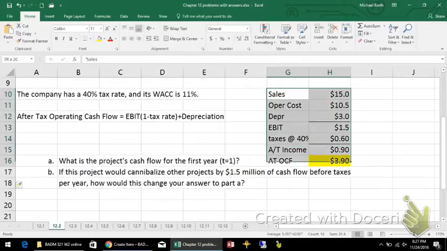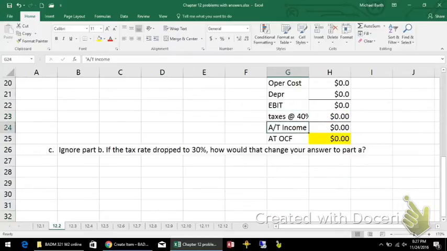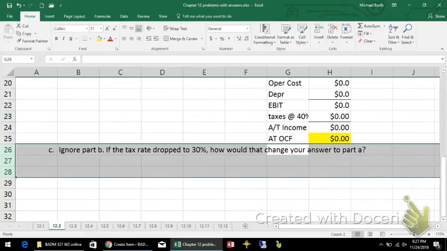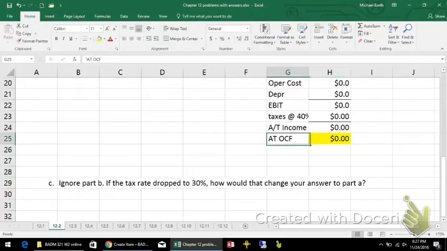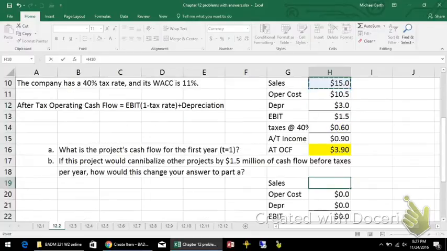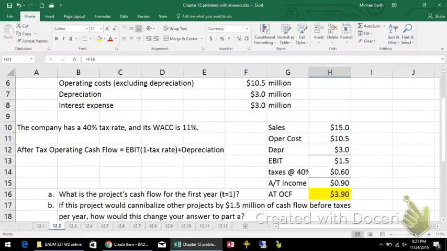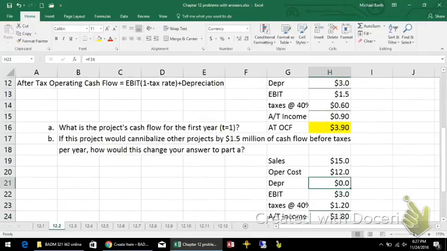So that would be the sales of 15, my operating costs would be the 10.5 plus another $1.5 million of cash flows that I'd lose from other parts of the business, the depreciation expenses.